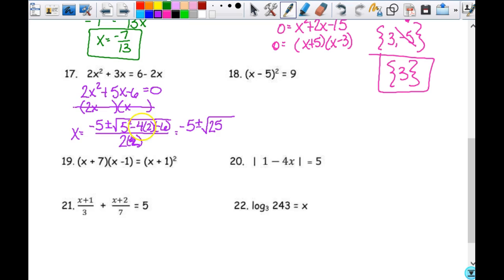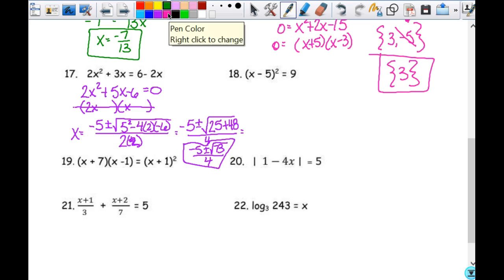And then 4 times 2 is 8, times 6 is 48, and that's negative and negative, which makes it positive, so it's plus 48, all over 4. So 25 and 48 is going to give me negative 5 plus or minus the square root of 73 over 4. Can't simplify that anymore, and so there's my answer.